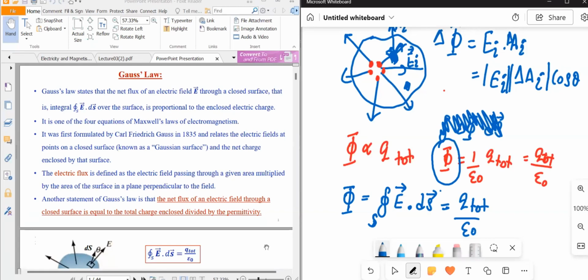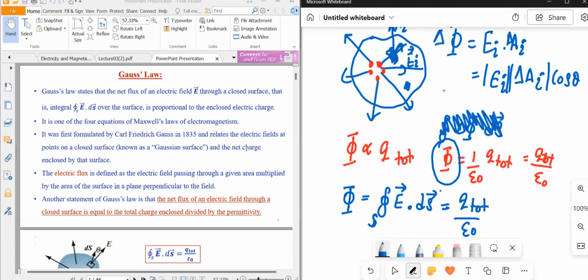Gauss law states the net flux of an electric field through a closed surface, that is the integral of E over the surface, is proportional to the enclosed electric charge. And the proportionality constant is 1 over epsilon naught.